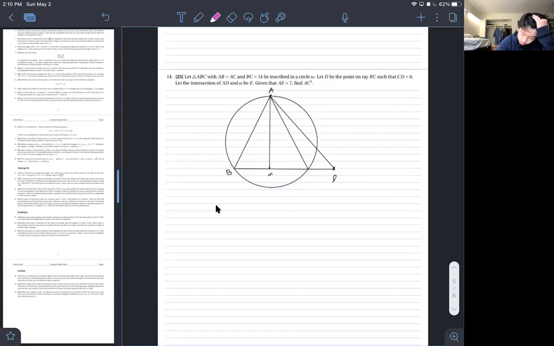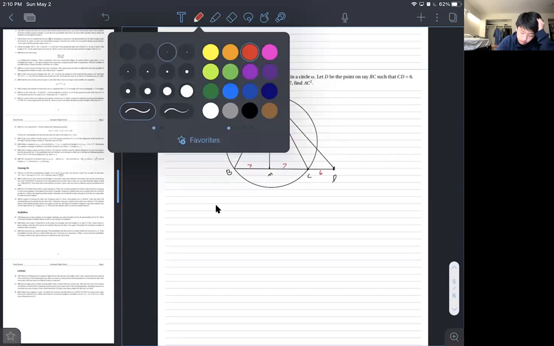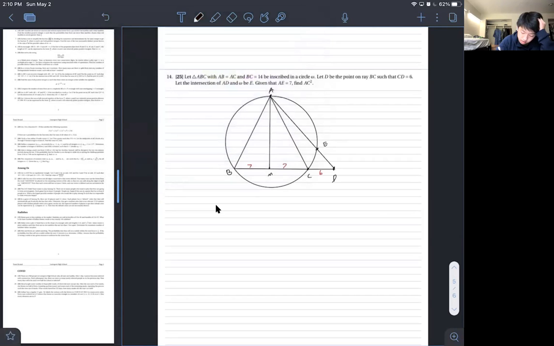Let D be the point on ray BC such that CD equals 6. And BC equals 14. And let the intersection of AD and omega be E, and we have that AE equals 7.